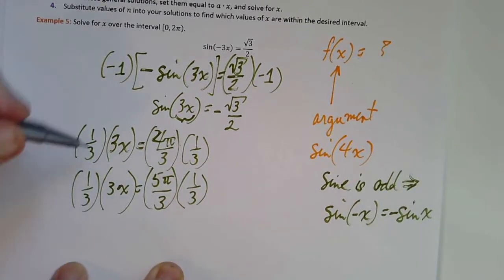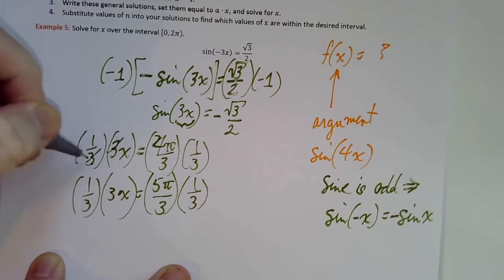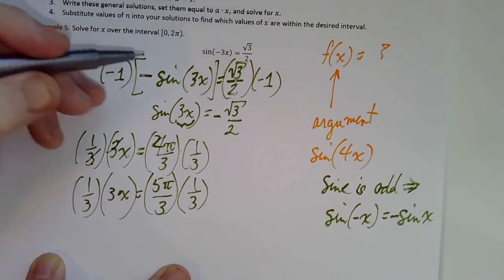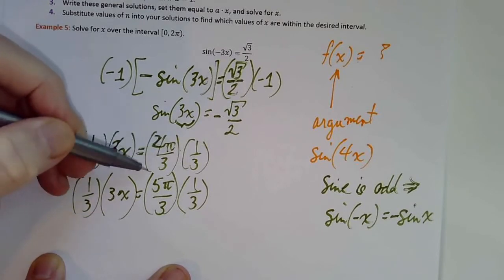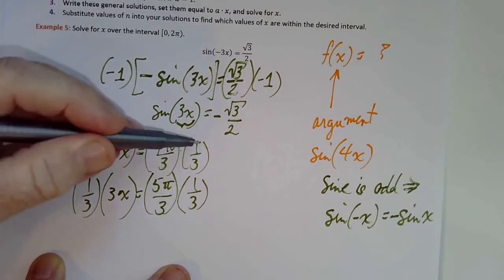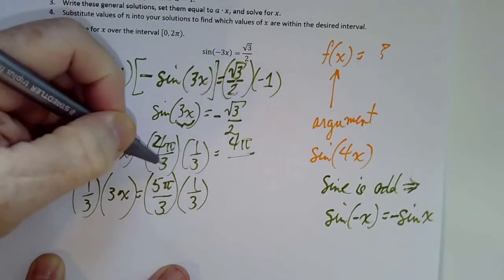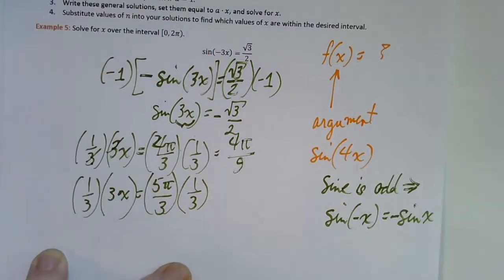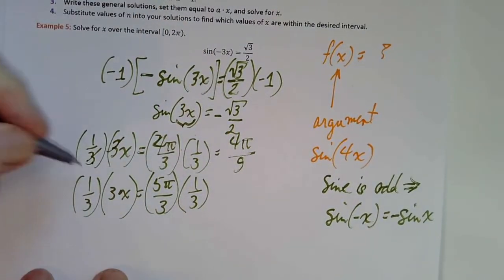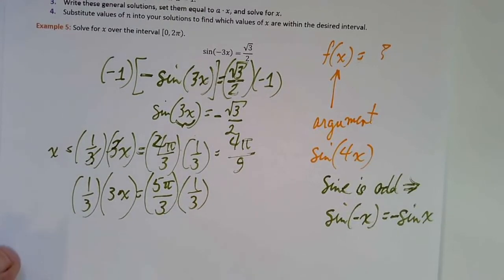Doing it this way, on the left we have 1 over 3 times 3x. The 3's divide out. On the right we have 4 pi over 3 times 1 over 3. We multiply the 4 pi times the 1 and get 4 pi. We multiply 3 times 3 and get 9. So I have x is equal to 4 pi, oh, excuse me.